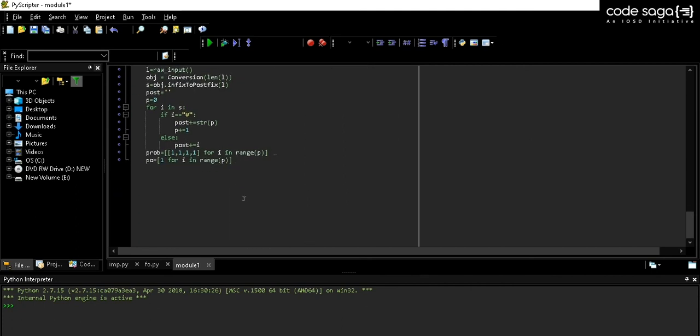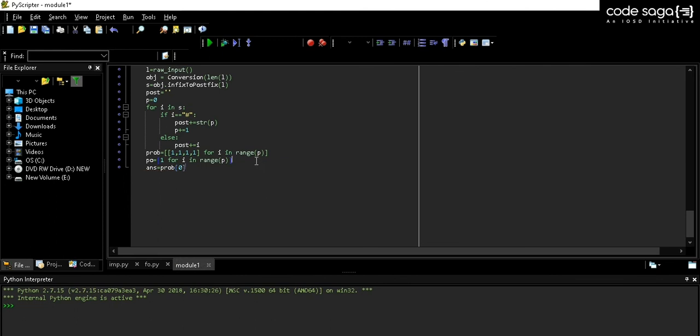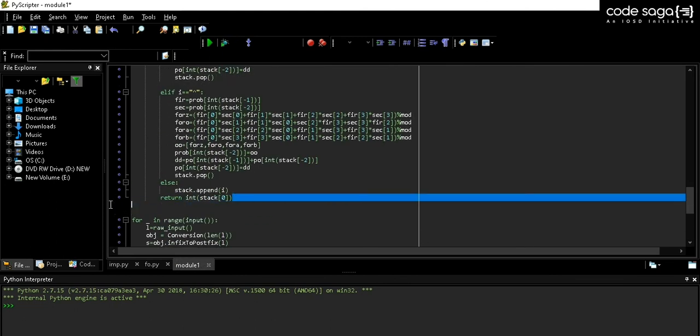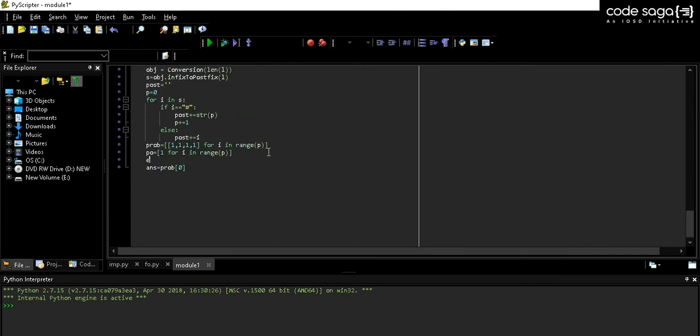So my answer will be probability of 0. Before that I have to actually run the evaluation expression. I don't need this, as I said it will always be 0. So I'll run evaluation.